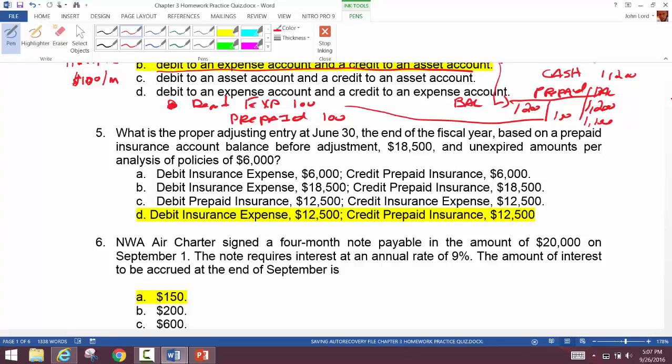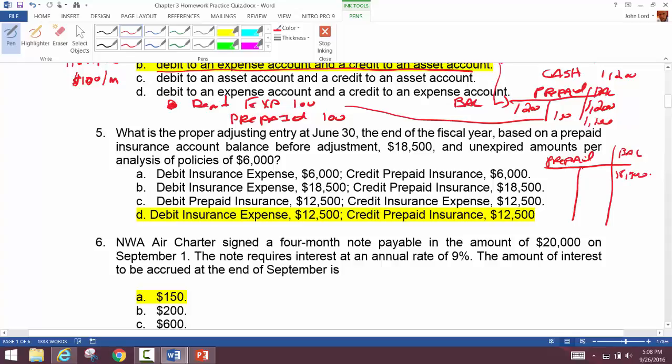Okay, so what happens? We sit here and we say, where's the proper adjusting entry at June 30th, the end of the fiscal year, on prepaid insurance account balance before adjustment 18,500 and unexpired amounts per policy analysis of 6,000. So they're telling us with language like that the prepaid insurance is showing a balance of 18,500.